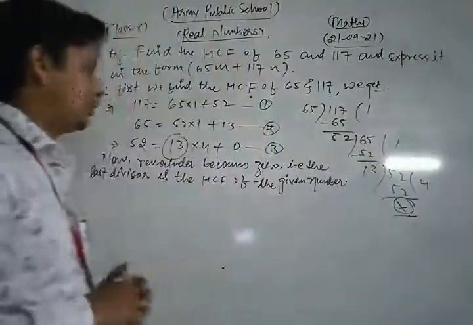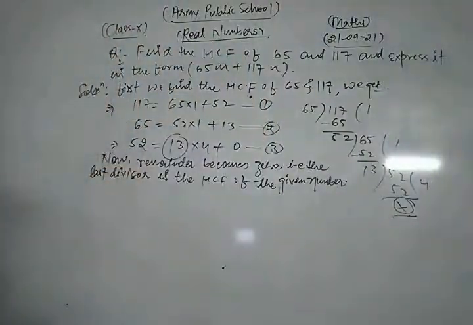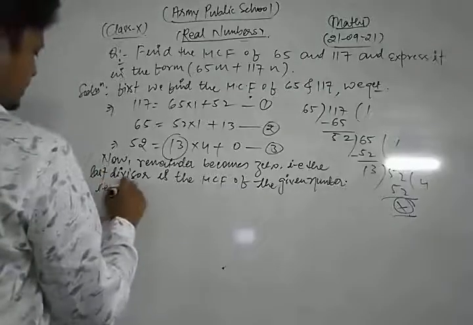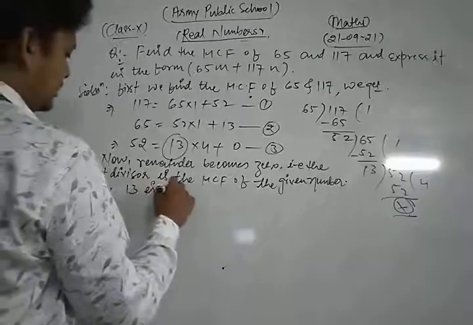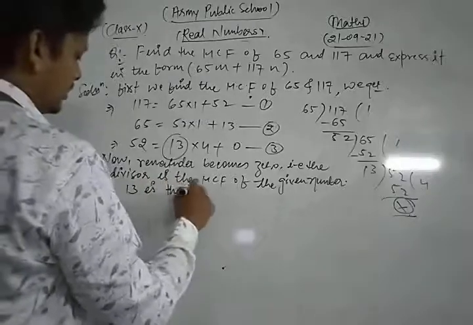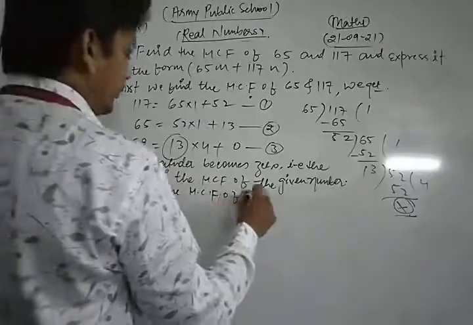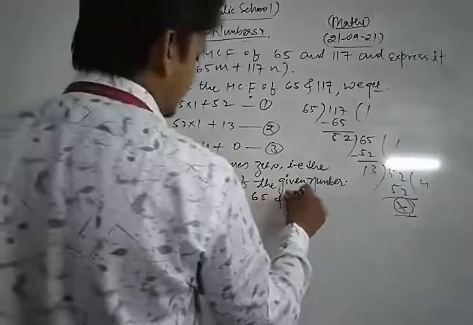Now look, in this the last divisor is 13, so 13 is the HCF of 65 and 117.